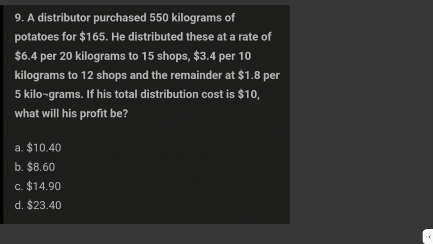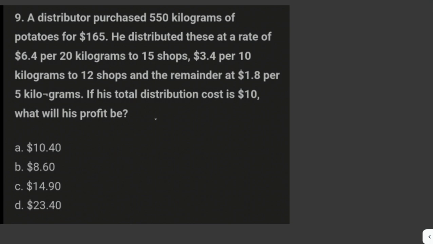Now, to solve this, it is given here that the distribution is done at 3 different rates and in 3 different amounts. So the first one is 20 kilograms distributed to 15 shops at a rate of $6.4.